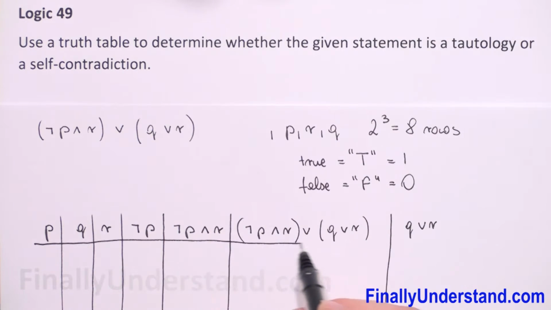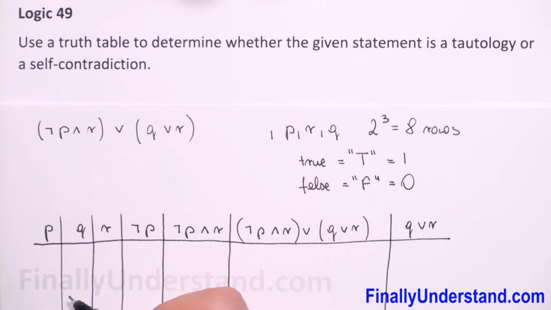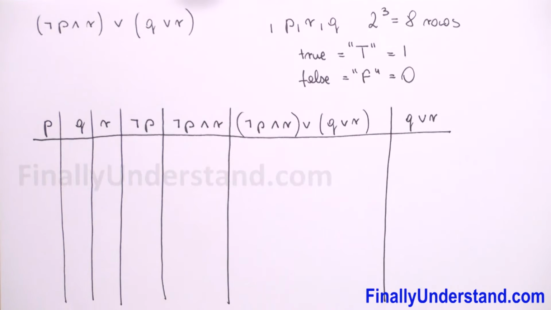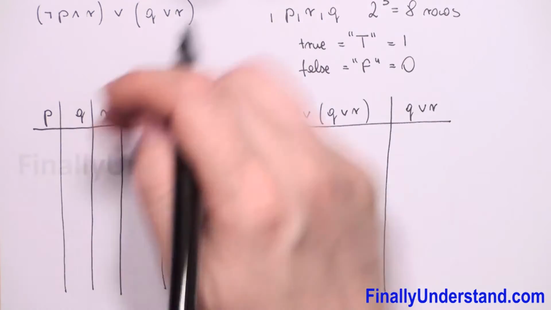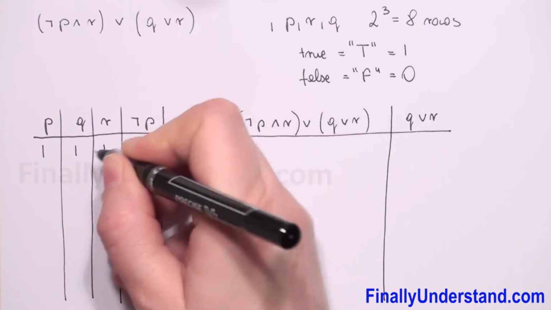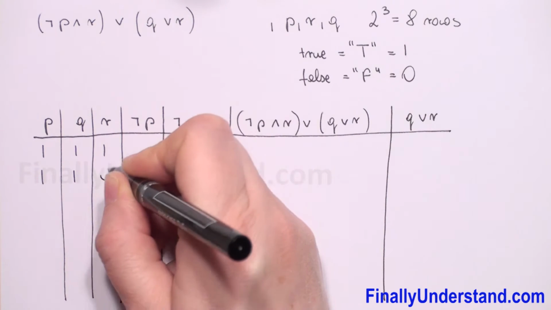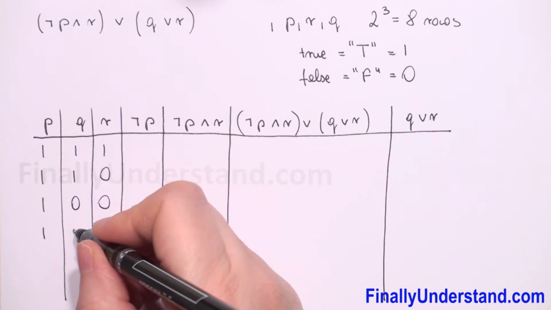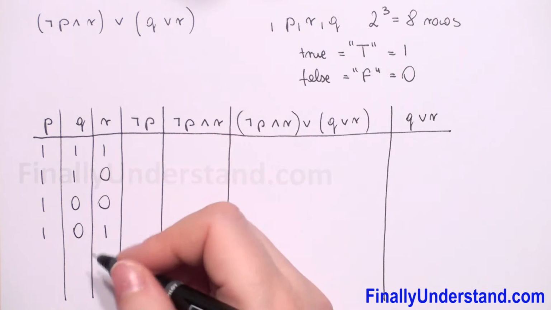And we have, like I said, 8 combinations. P can be true or false, the same for Q and R. So first we will have 1, 1, 1, 1, 1, 0, 1, 0, 0, 1, 0, 1.